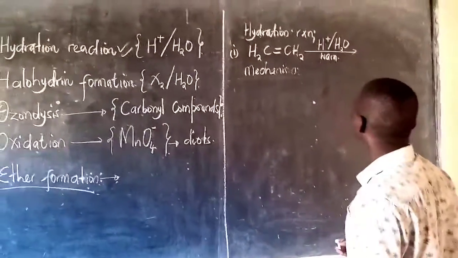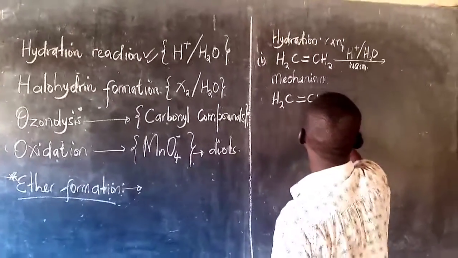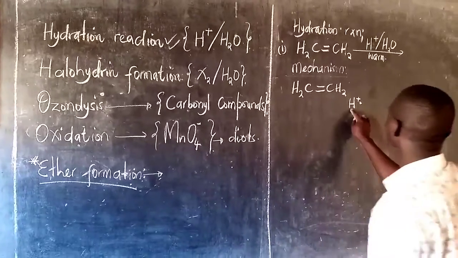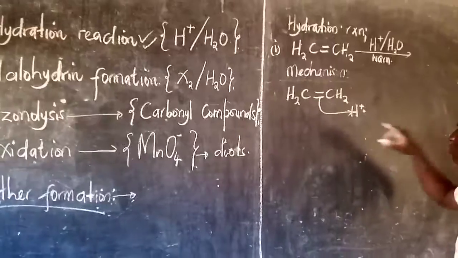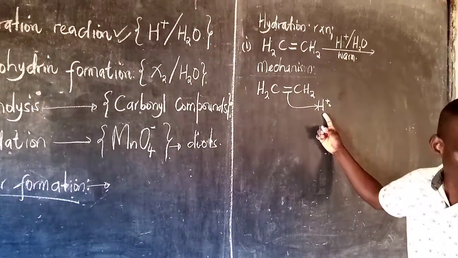The first thing that takes place: we bring our alkene to interact with the proton. The pi bond interacts with the proton. The addition follows Markovnikov's rule, as earlier discussed in episode 1 and episode 2.